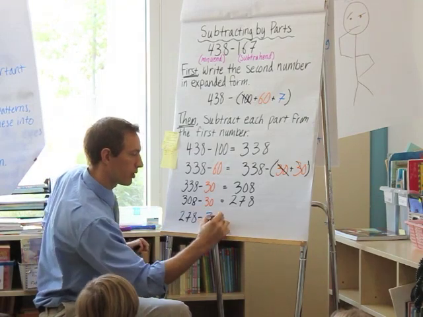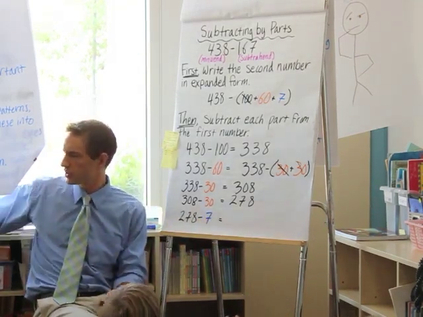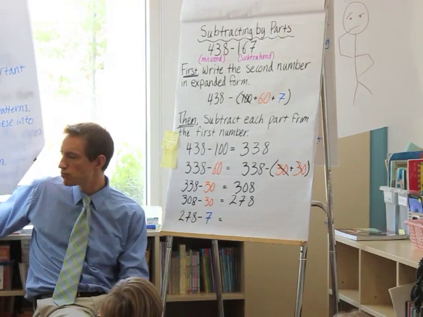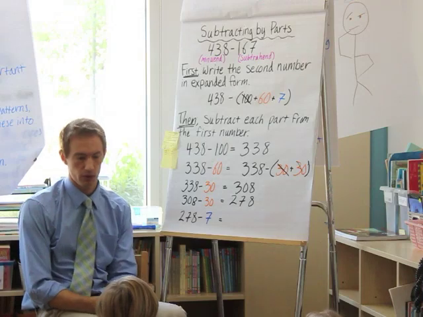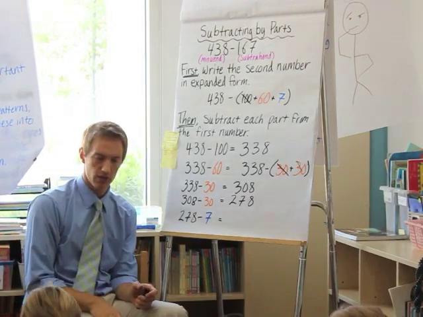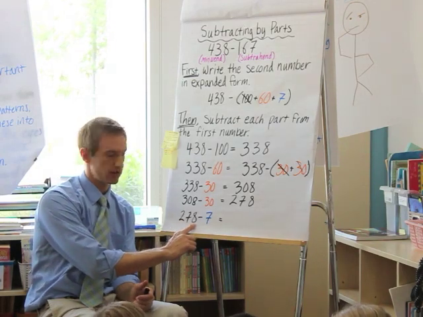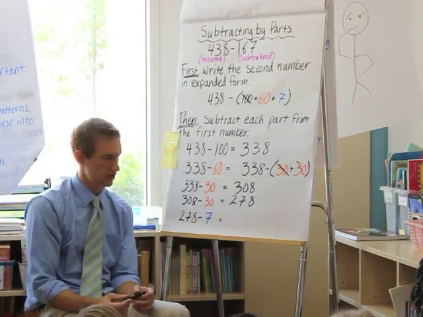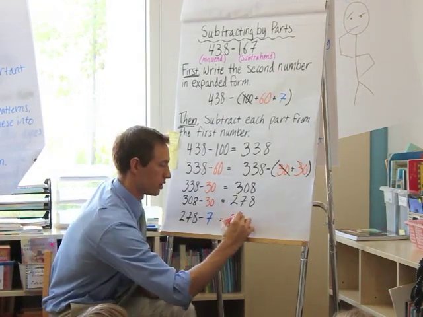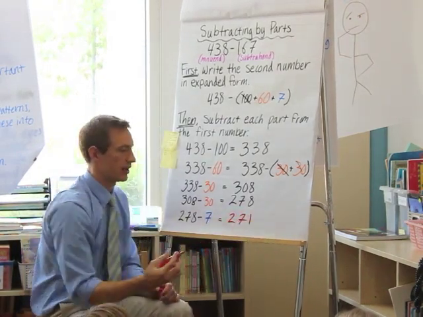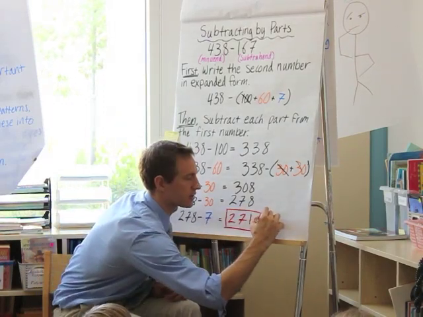Okay, now what do I get? 278 minus 7. Mr. Gensa? What do I get when I have 278 minus 7? 271. And this, ladies and gentlemen, is my difference.